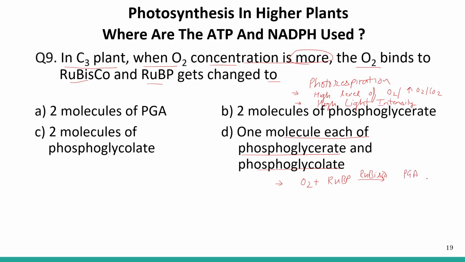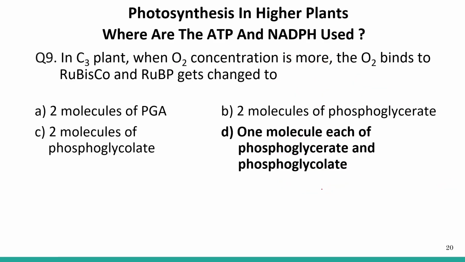Phosphoglyceric acid is a 3-carbon compound. Here phosphoglycolate is a 2-carbon compound, and here it is a 5-carbon compound. There is no carbon in oxygen. So what should be the answer? Option D is the correct answer.